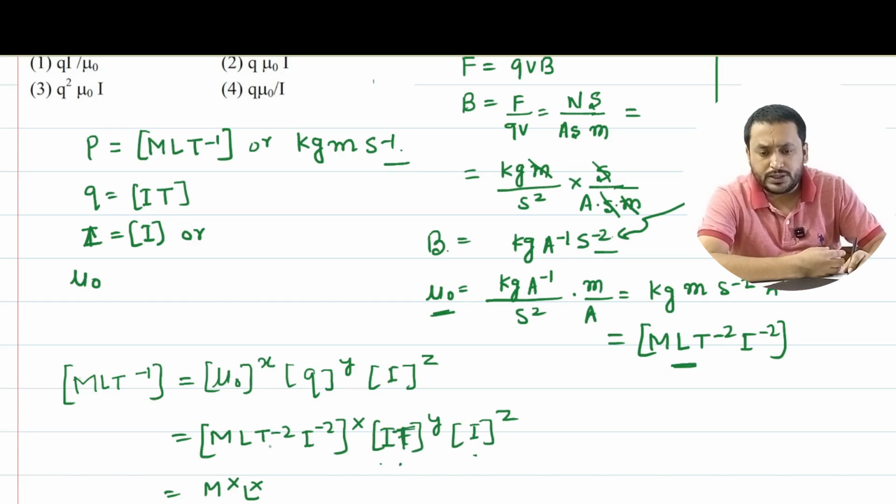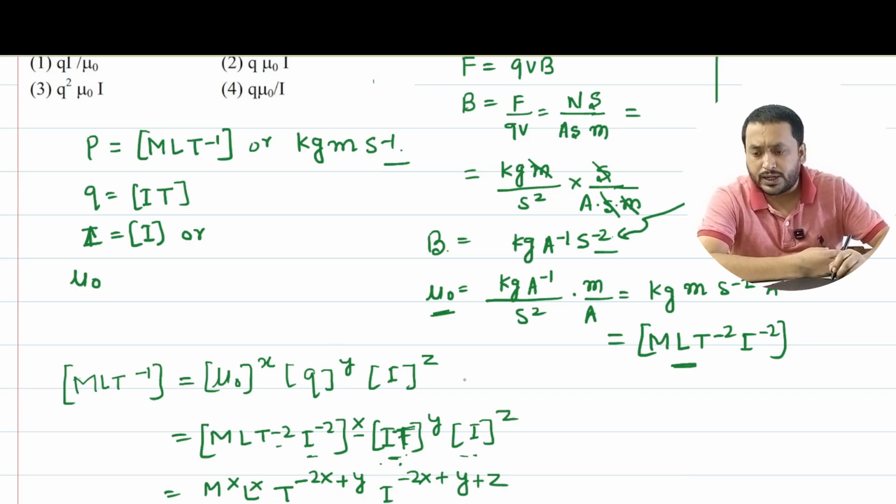So one is t to the power minus 2 times x, another t is there, so the powers will be added, so it is plus y. And for I, we have again 3 places where I is present. So for I we can write minus 2x, then plus y, then plus z, right?